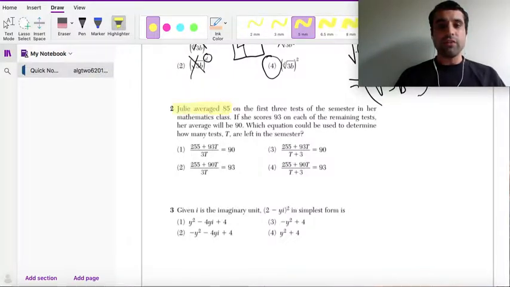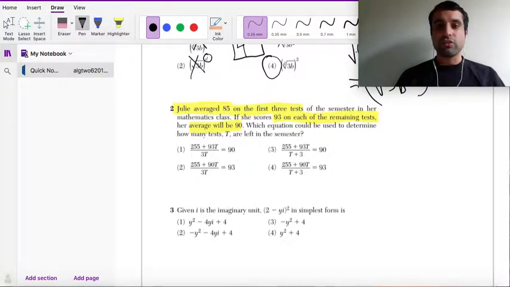Julie averaged 85 on the first 3 tests of the semester in her math class. Not bad at all. If she scores 93 on each of the remaining tests, her average will be 90. Which equation could be used to determine how many tests t are left in the semester? If she averaged an 85 on the first 3 tests, the sum of the first 3 exams will be 85 times 3.